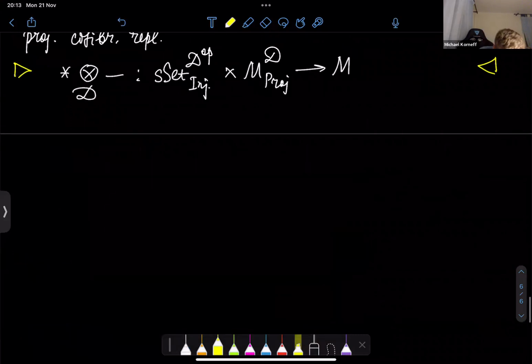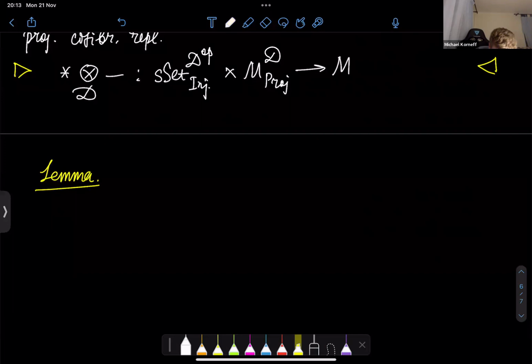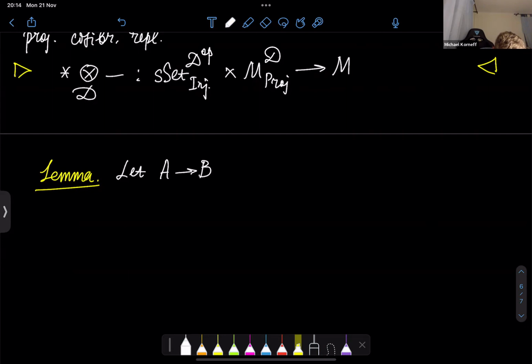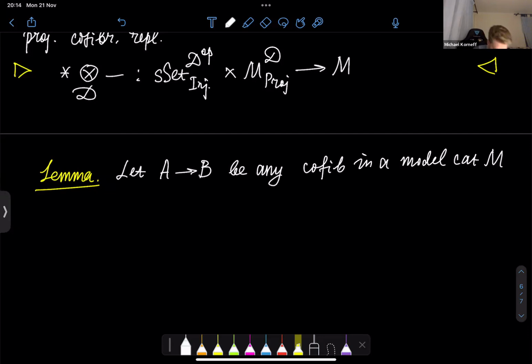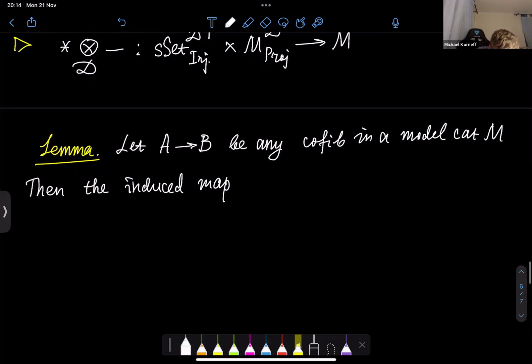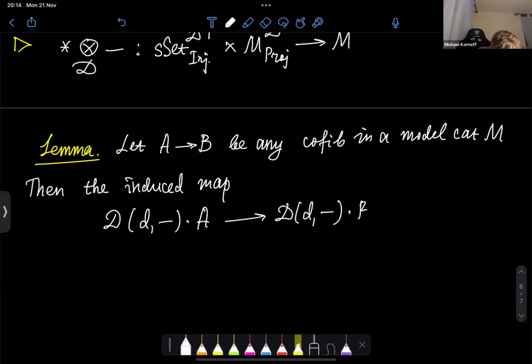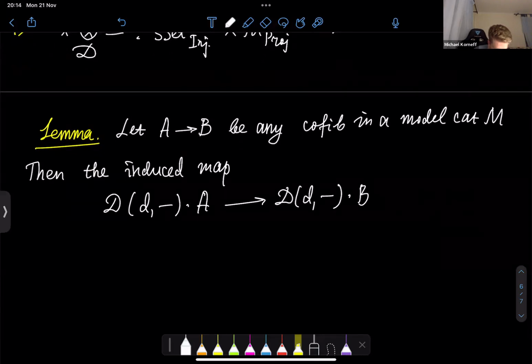The lemma says that if we have a map between two functors, let this map be a cofibration in a model category M. Then the induced map, it means the pointwise product.